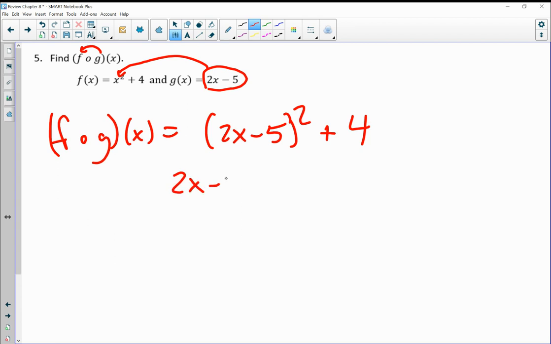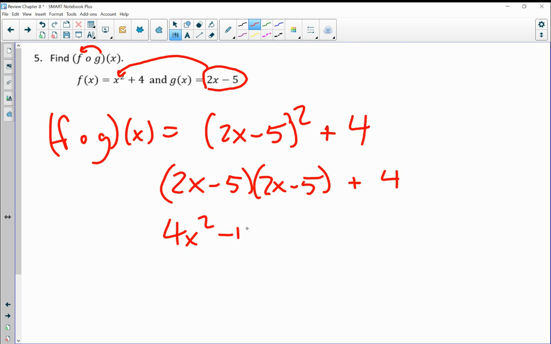Okay, so remember 2x minus 5 times 2x minus 5 is what we're going to do because we have the quantity squared, and then we'll add the 4 later on. Okay, so FOIL this. 2x times 2x would be 4x squared. 2x times -5 is -10x. -5 times 2x is another -10x. -5 times -5 is a positive 25.